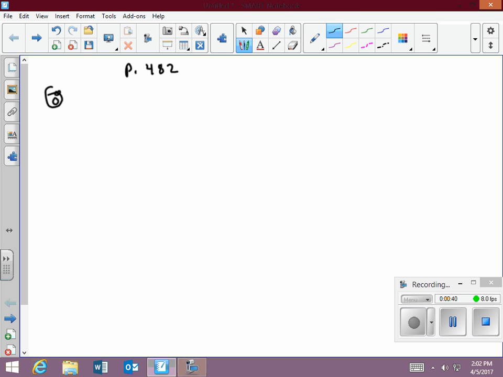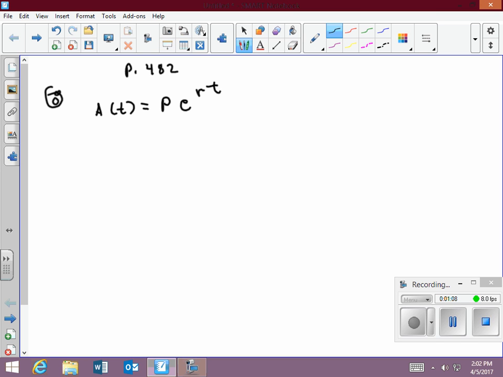So the continuous compounding formula is A of t equals P e to the r t. And they want to know how much needs to be invested to obtain $2,000 in 3 years.